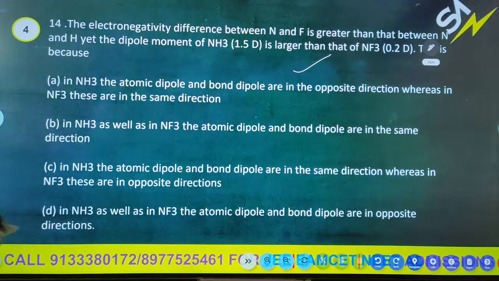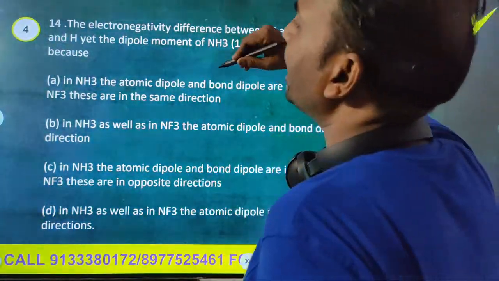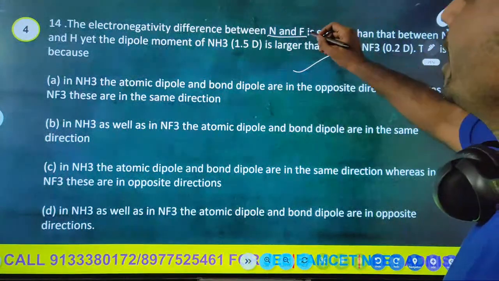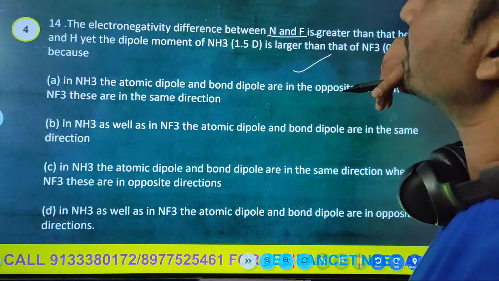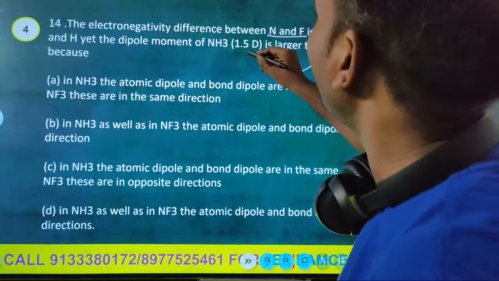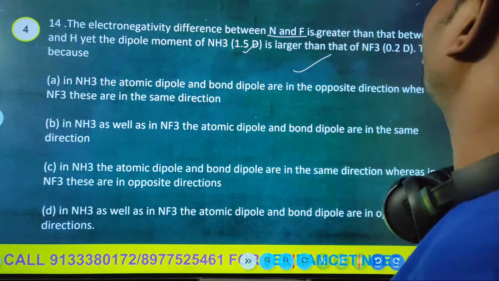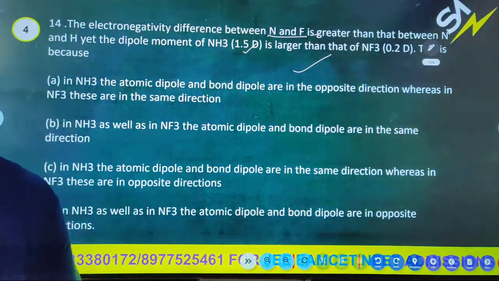The question is talking about the electronegativity difference between nitrogen and fluorine in NF3 being greater than between N and H in NH3, yet the dipole moment of ammonia is larger than that of NF3. Why? What is the reason in this question?